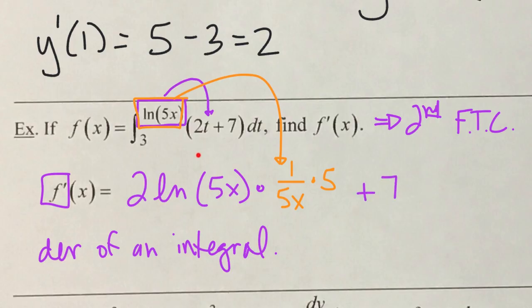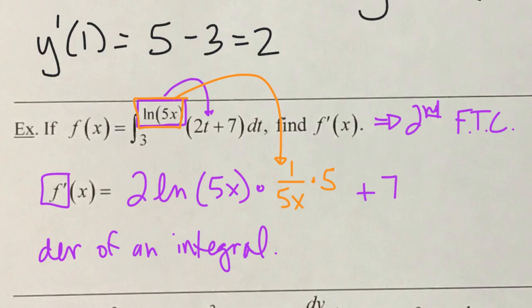So all of this is our derivative, right? We have to replace your t value with your equation, and then you multiply by that equation's derivative. Okay? So this orange stuff is the derivative of natural log 5x. It is a chain rule if our upper bound is anything more than just x. Okay, we have to do the chain rule.